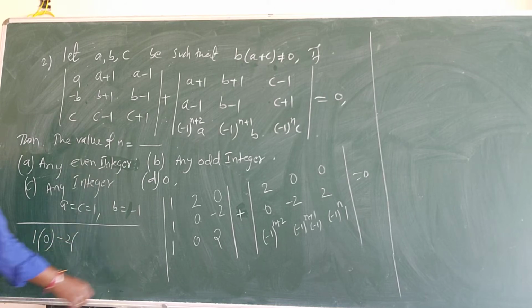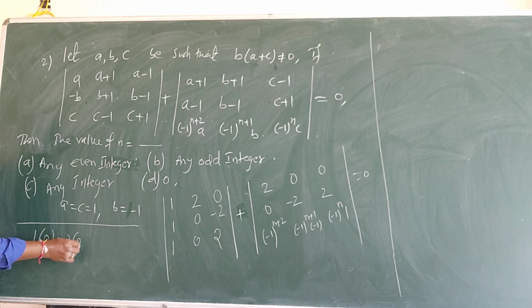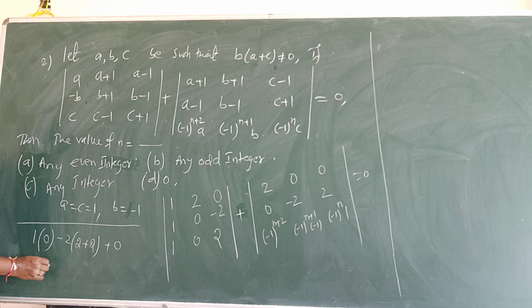Minus 2 into 1 2s are 2 plus 2, and plus 0, so totally the determinant you are getting is minus 8.